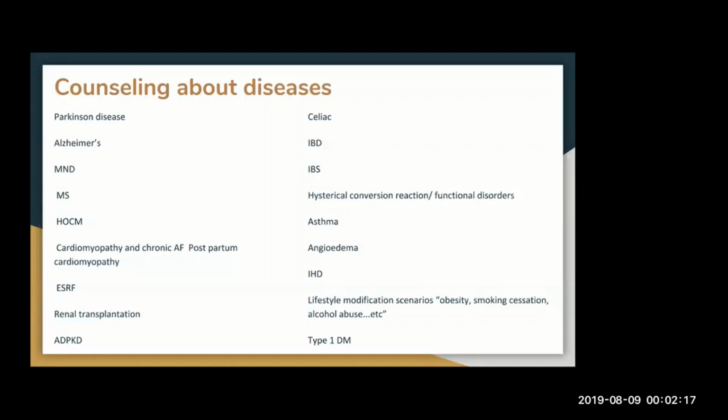The second type of scenario is counseling about procedure. The common procedures which come in the exam: upper GIT endoscopy, colonoscopy, PEG tube insertion, colectomy and colostomy, intercostal tube insertion, Hickman line, lumbar puncture, percutaneous nephrostomy or PCN, renal biopsy, bronchoscopy, lymph node biopsy, renal transplant, renal dialysis, ICD or pacemaker insertion, deep brain stimulation as a management of resistant benign essential tremor or Parkinsonism resistant cases, and cognitive behavioral therapy.